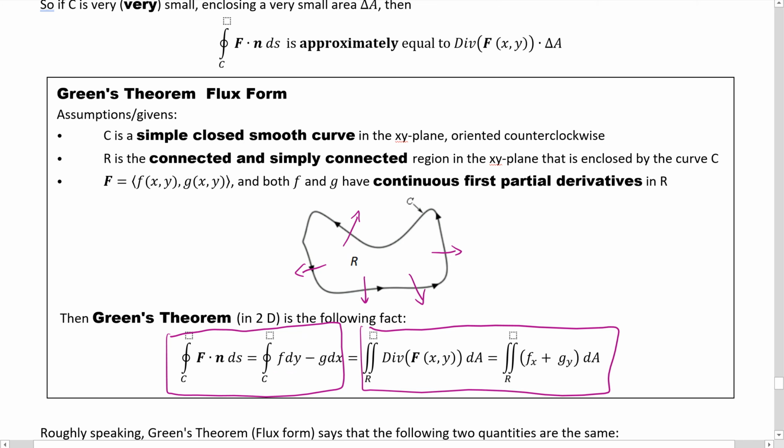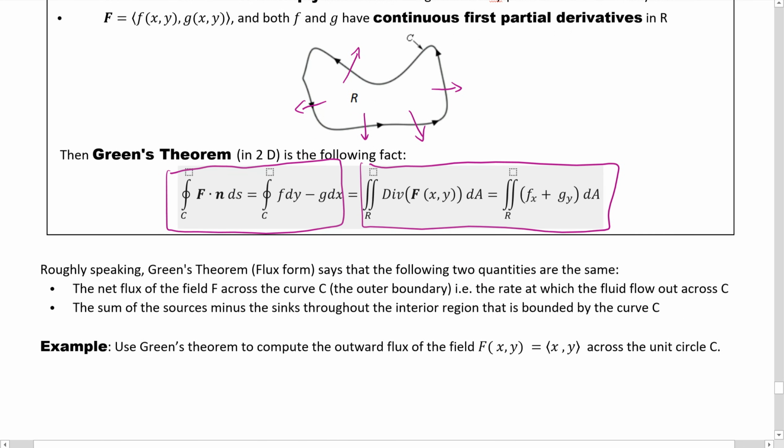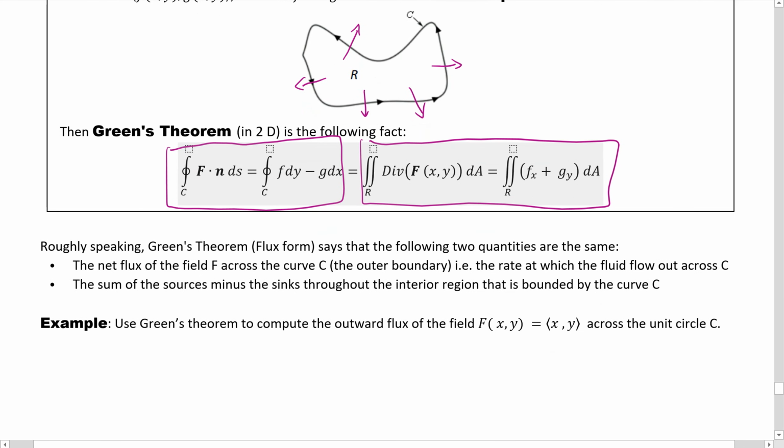Okay, so roughly speaking, the Green's theorem flux form says that the following two quantities are the same. First, the net flux of the field F across the curve C, the outer boundary, i.e. the rate at which the fluid flows out across C. It flows out because C is oriented counterclockwise, so it's like from left pointing to the right.